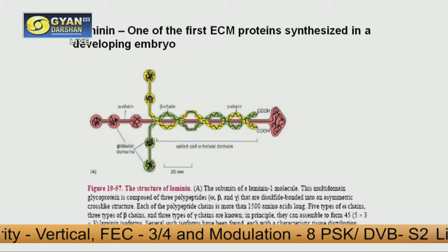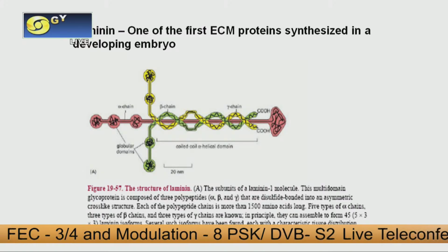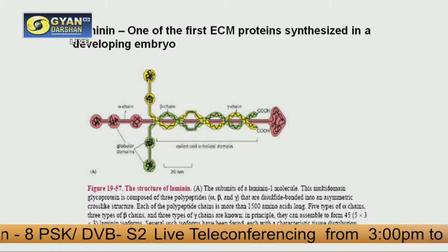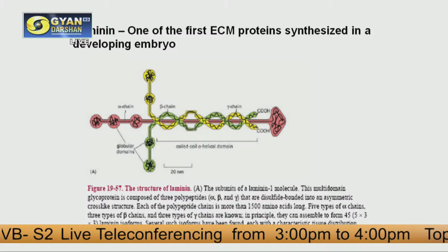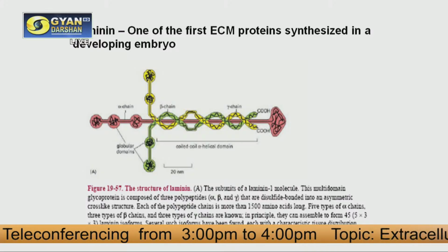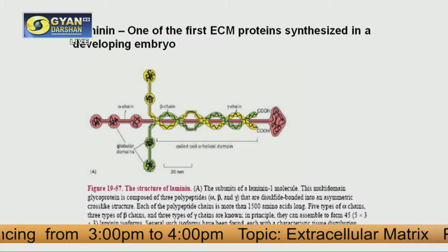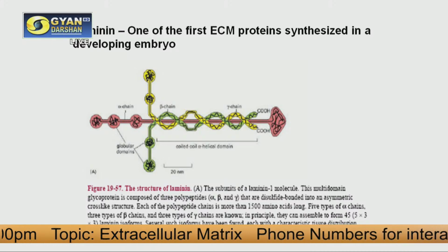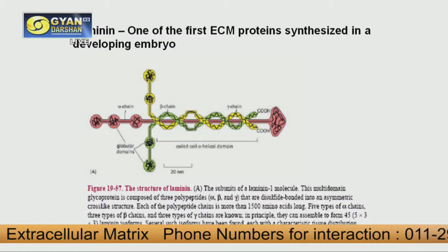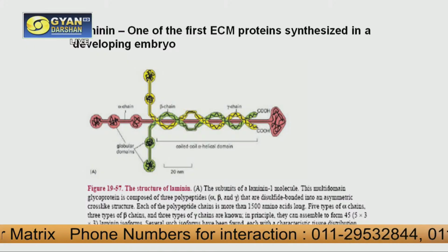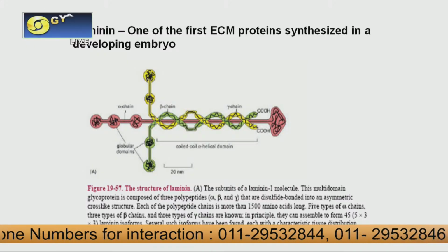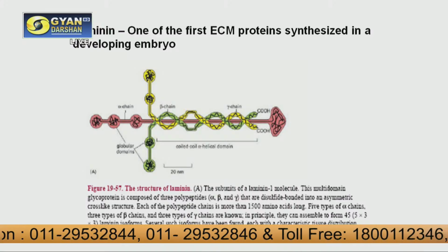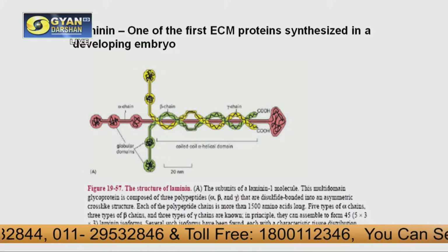So, this is the structure of a laminin. It is one of the first ECM proteins synthesized in a developing embryo. Now, what is the structure of this laminin? The subunits of a laminin 1 molecule: it's a multi-domain glycoprotein composed of 3 polypeptides, alpha, beta and gamma, that are disulfide bonded, and they form an asymmetric cross-like structure.